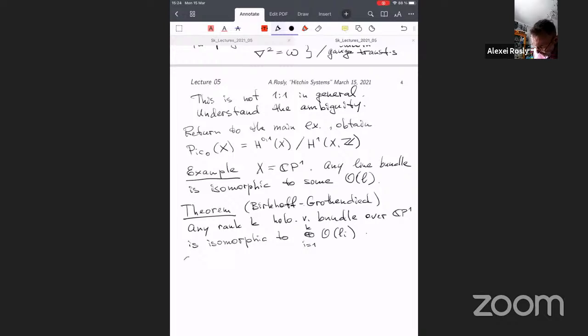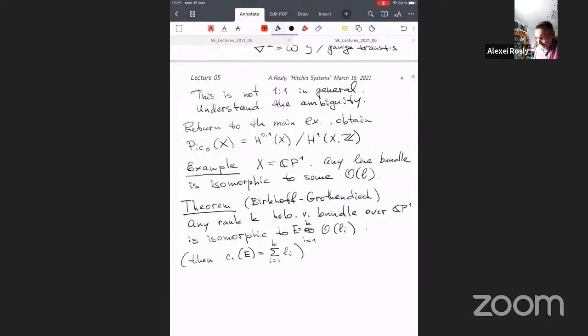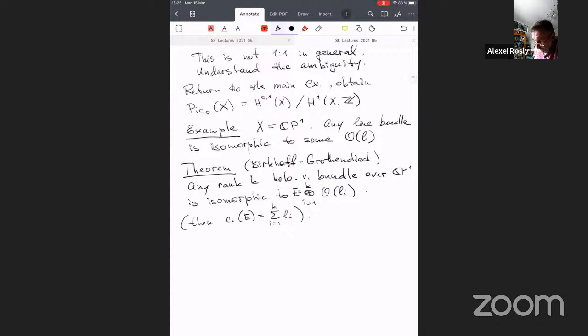And I remind you that then the first Chern class of E equals the sum of these L_i. By the way, the proof is quite beautiful, and you can read it in the lectures by Hitchin, which I quoted in the beginning.